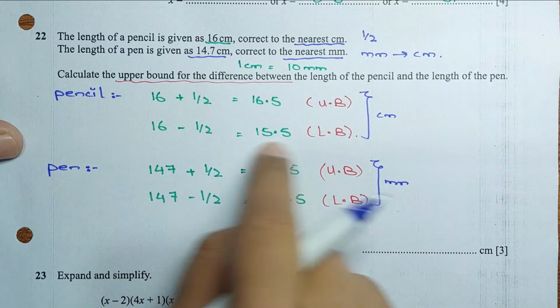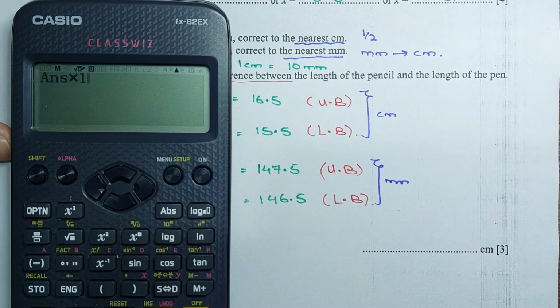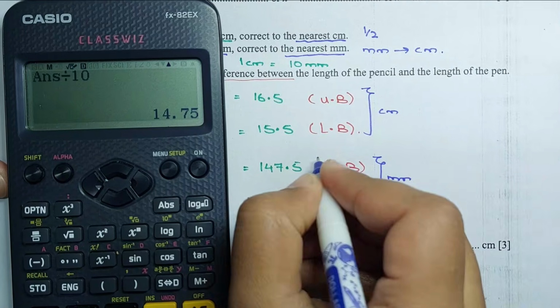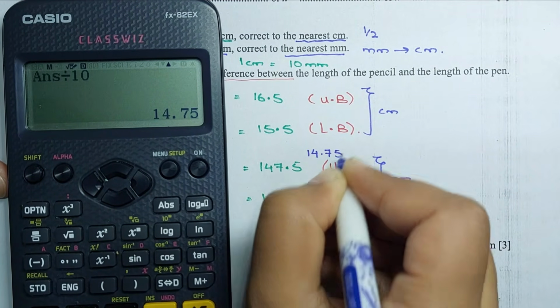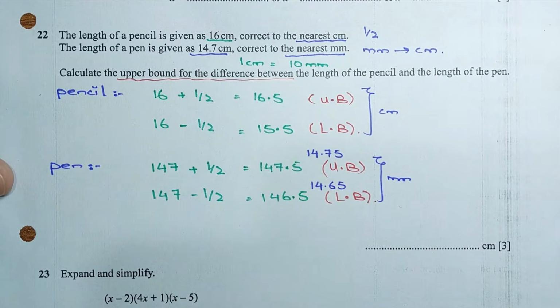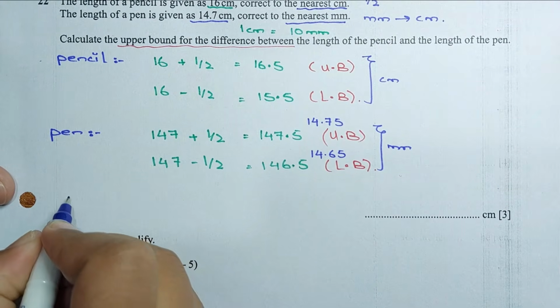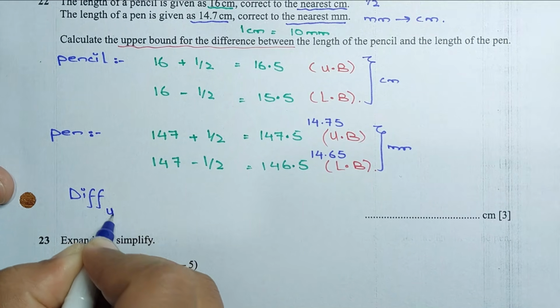So convert these millimeters into centimeters. Divide by 10, and that should be 14.75 and 14.65. All right, now let's find the difference and the upper bound.